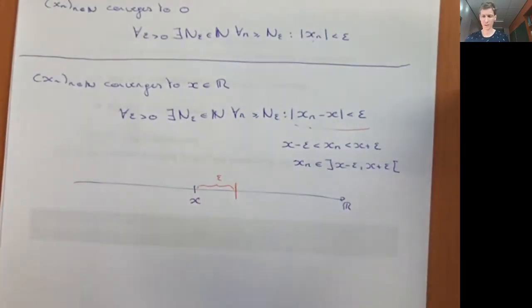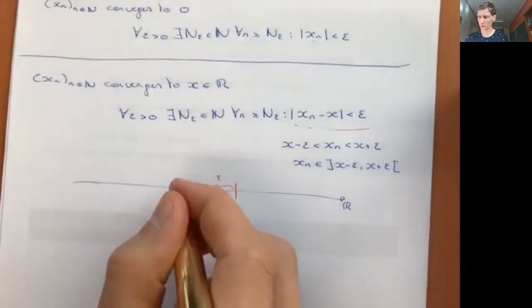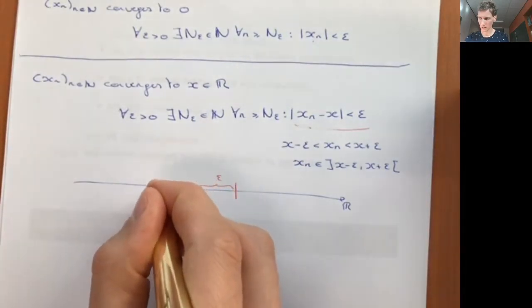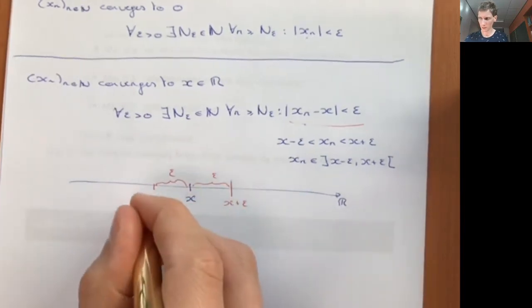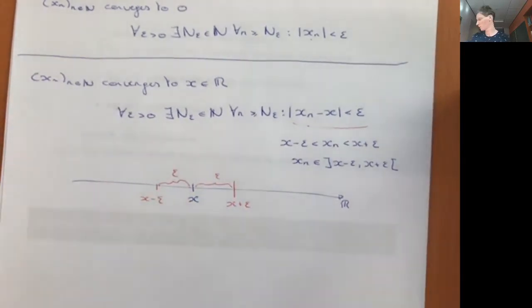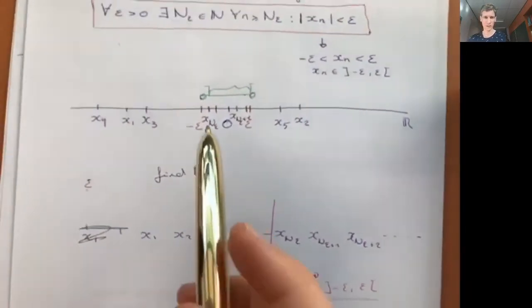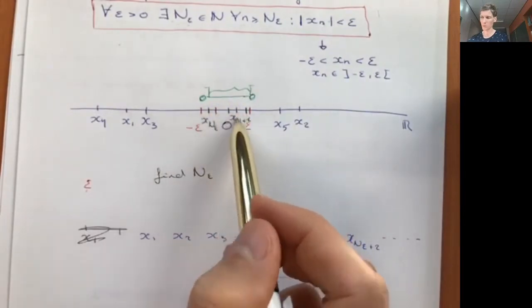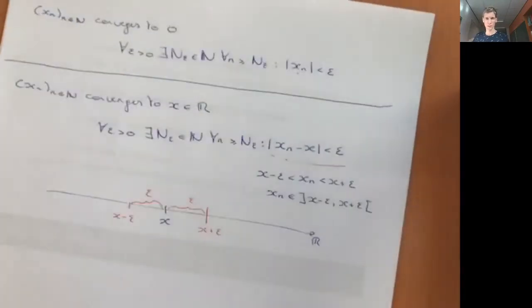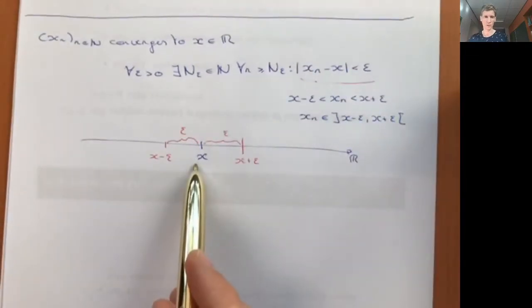I can add an amount epsilon above x, and an amount epsilon below x, so I get x plus epsilon and x minus epsilon. So if I find my picture again, here we had an interval of epsilon above and epsilon below with respect to 0. Here we have the same thing, but now with respect to x, right?